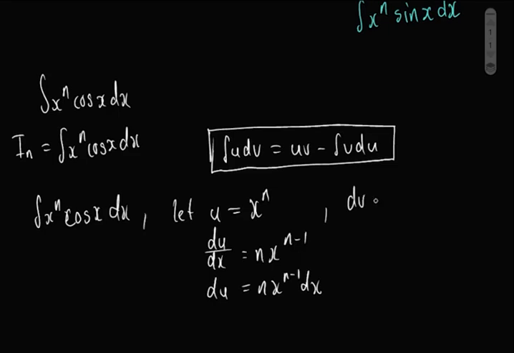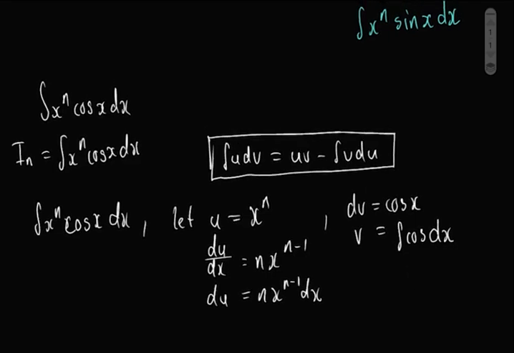And I know my dv is equal to cos x. My v would therefore be equal to the integral of cos x with respect to x. What is the integral of cos x with respect to x?